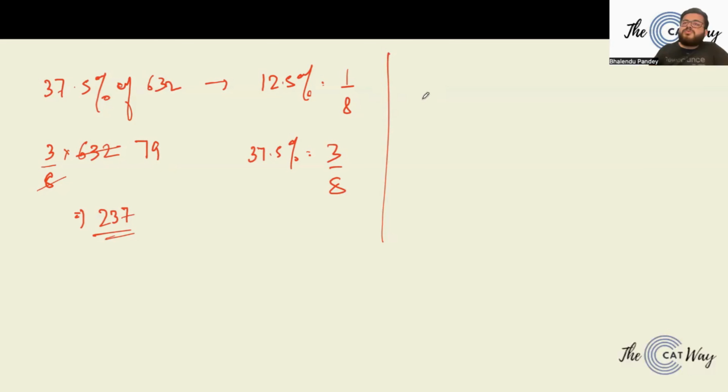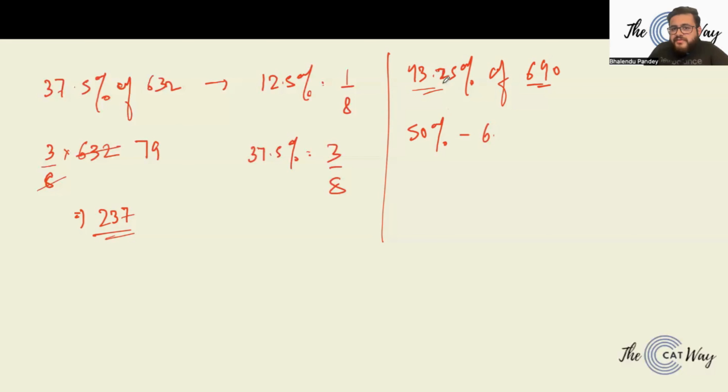Another question tells you to calculate, let's say, 43.75% of, let's take any value, let's say 640 this time. Now 43.75% can be written as 50% minus 6.25%. Correct?